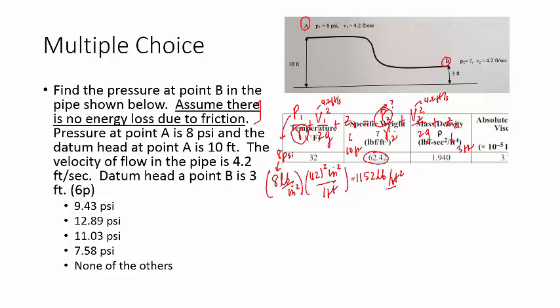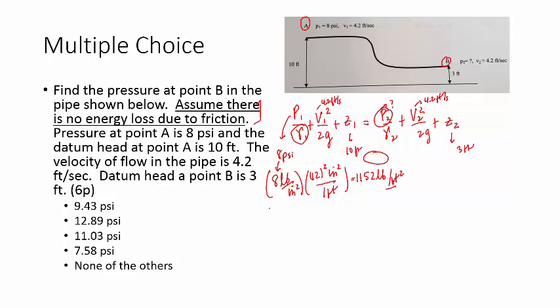This is the specific weight. So I will then substitute 1152 pounds per square foot over the specific weight 62.4, and this is from your manual.